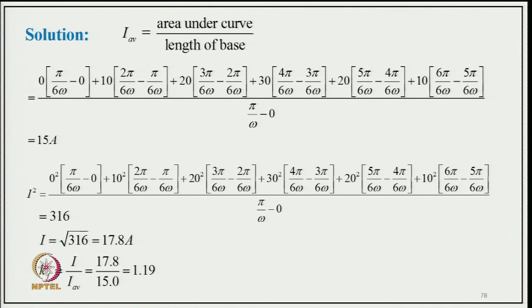So it comes to 316, and I will be the square root of 316, that is 17.8 ampere. And Kf, the form factor, I upon I average, will be equal to 17.8 divided by 15, that comes to 1.19.